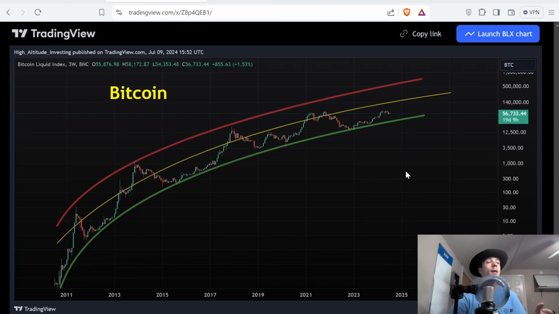So with Bitcoin, that uptrend is very, very intact. It's very, very stable, and it's extremely powerful to buy the dip in this uptrend in preparation for more upside in the bigger picture.